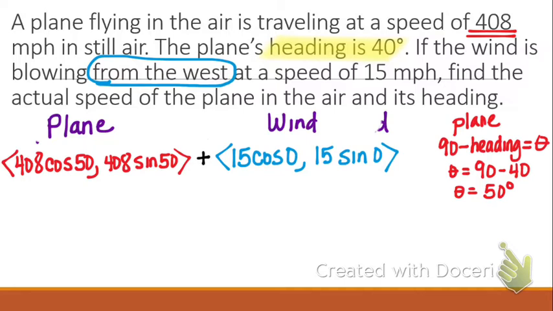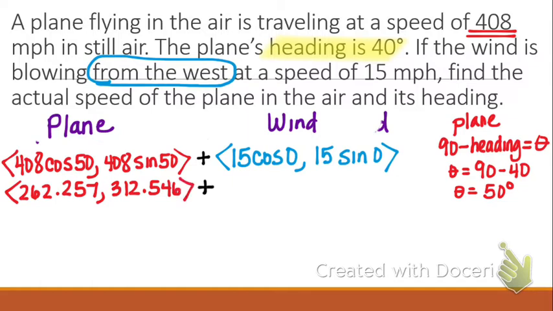So we have 408 cosine of 50, which would be 262.257. And then we have 408 sine of 50, which would be 312.546.